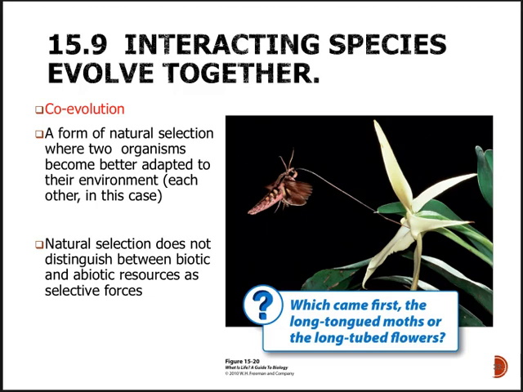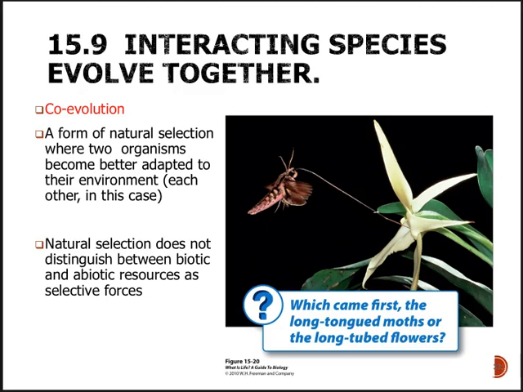It's in the flower's best interest to give as much pollen as it can onto that moth, but not give up too much sugar water. So if the orchid evolves a little bit longer nectar tube, then the moth doesn't get food and the flower gets pollinated really well. On the other hand, if the moth gets a slightly longer tongue, then it gets the nectar really easily and doesn't pick up the pollen.